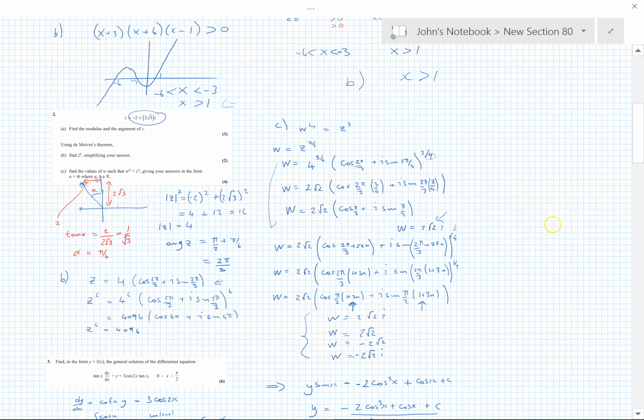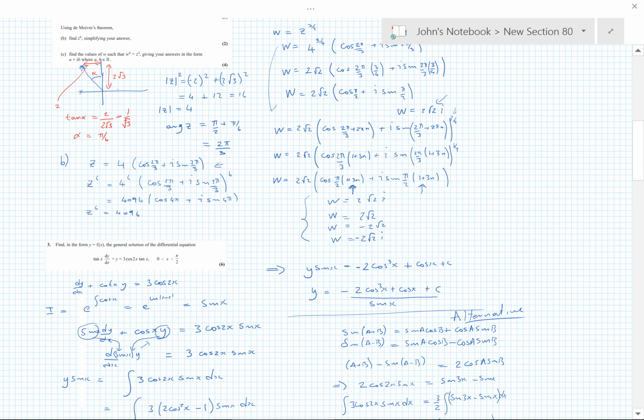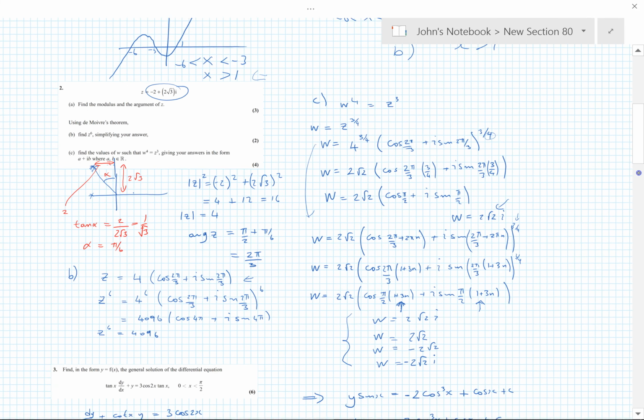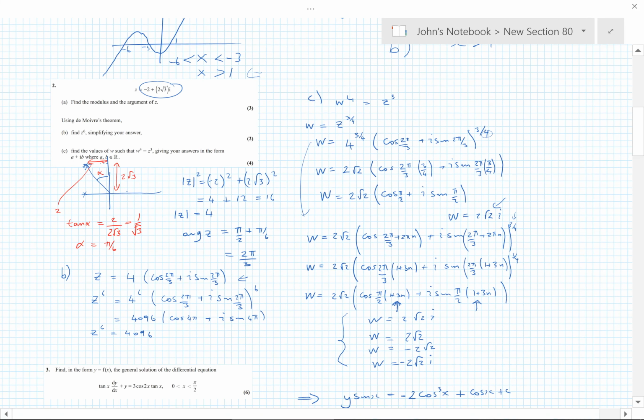Then a slightly fiddly question on de Moivre's theorem. Found that using a diagram for the first part was better. Part B was using de Moivre's theorem with a positive power, not too difficult there, there's only one solution.